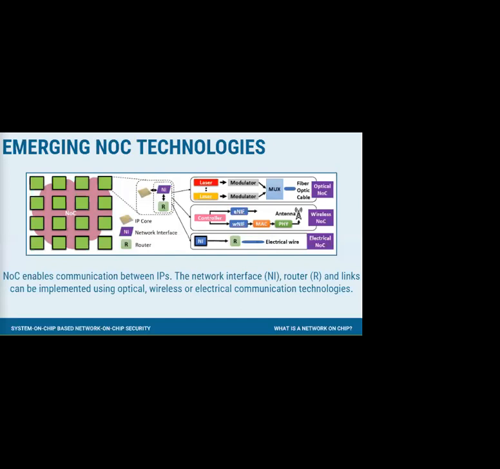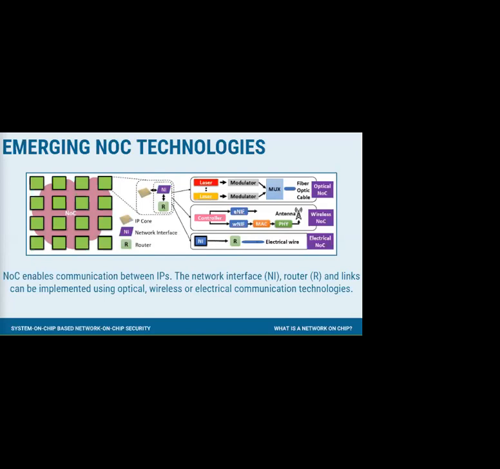We all know, as we discussed in the previous webinar, that the number of cores in an integrated circuit has been increasing in the past few years, from tens to hundreds and maybe thousands in the future as well. So the system on chip is getting complex day by day, and the communication architecture should have the bandwidth to communicate with all those IP cores inside a system on chip.